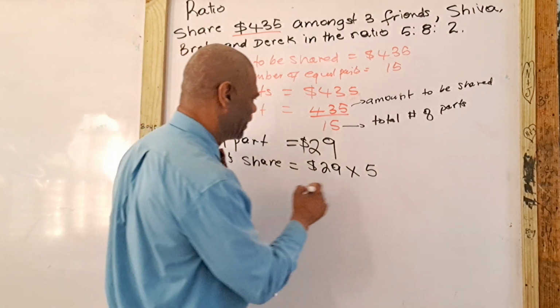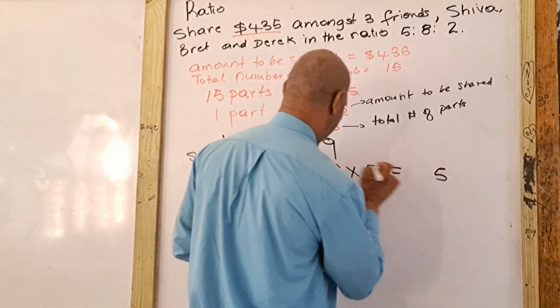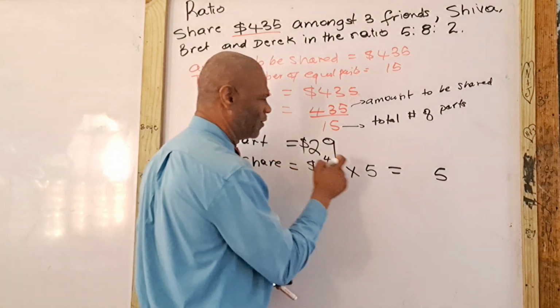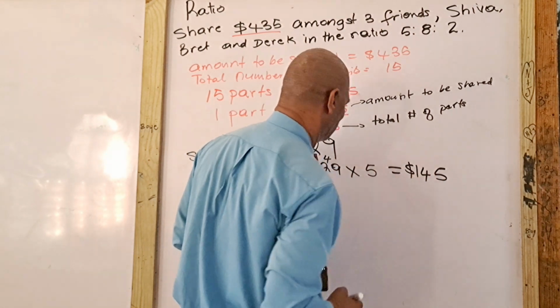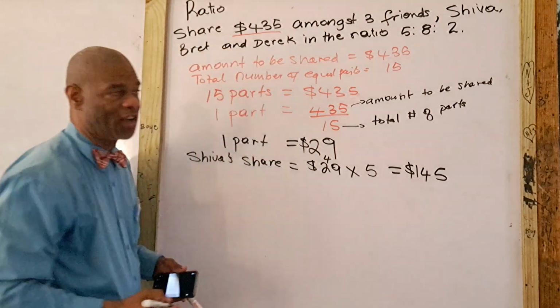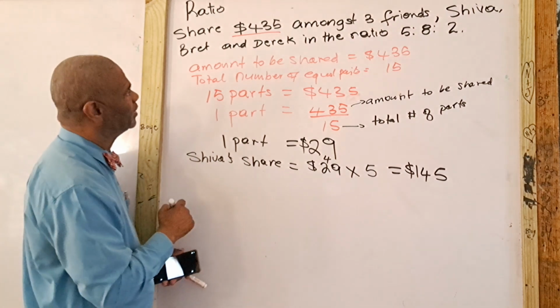Alright? So 29 times 5 gives us: 5 times 9 is 45, so that's 5, carry 4, and 5 times 2 is 10, and 4 is 14. So that's 145. So Shiva would get $145.